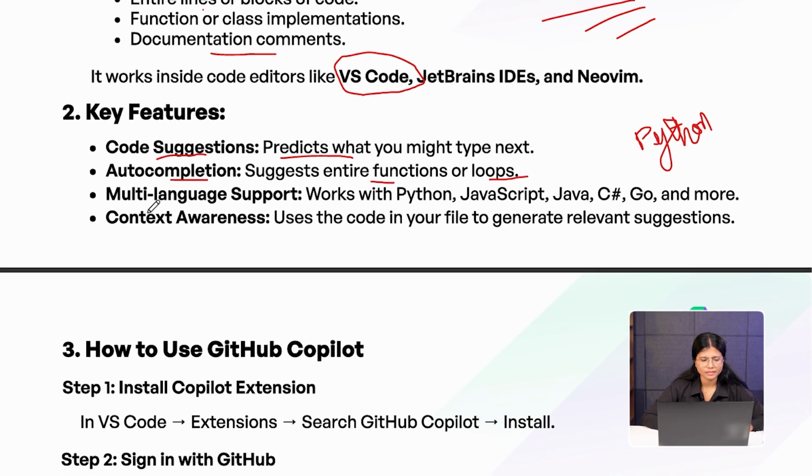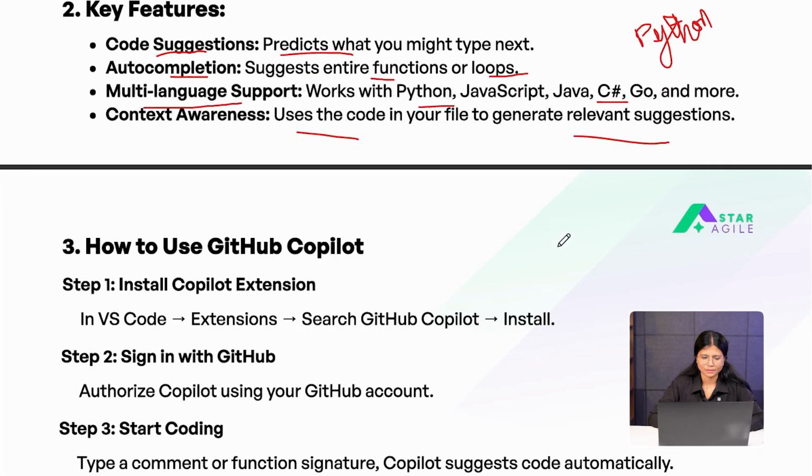The same way, there is multi-language support. It is not limited to only one language. It supports Python, JavaScript, Java, C#, Go, and many more. You also have context awareness, which uses the code in your file to generate relevant suggestions. So it will give you relevant suggestions as well.